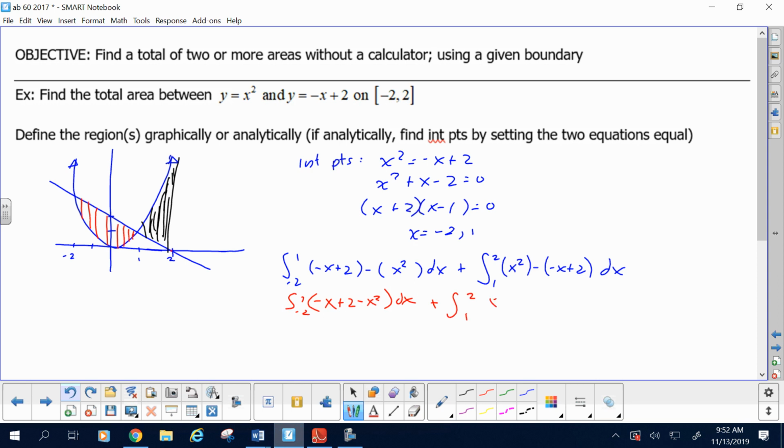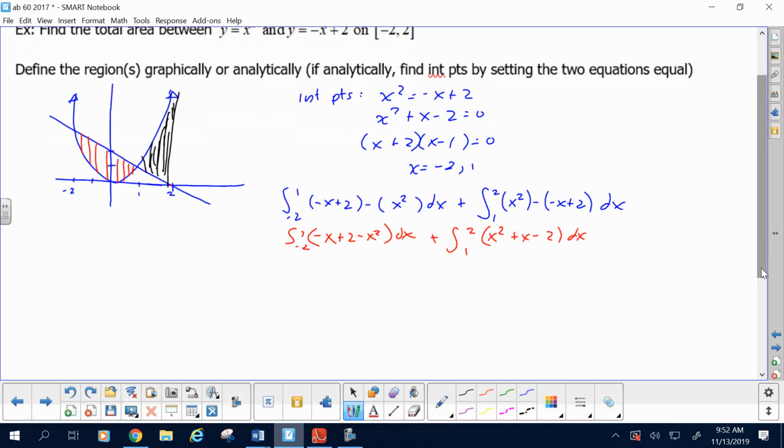And x squared plus x minus 2 is the second integrand. All right. What is the first antiderivative? Negative x squared over 2 plus 2x minus x cubed over 3, from negative 2 to 1.